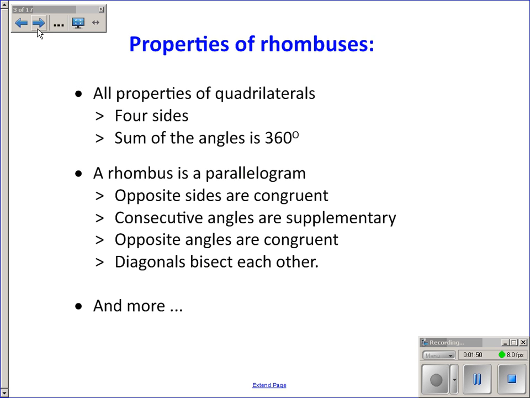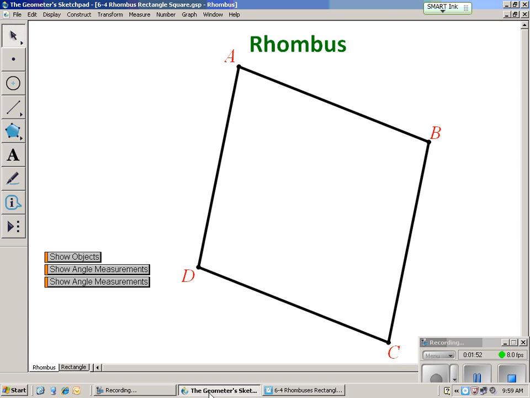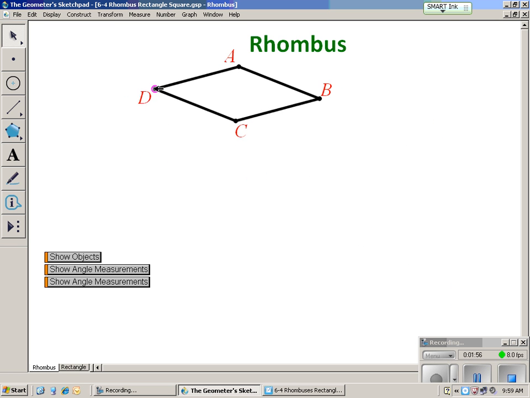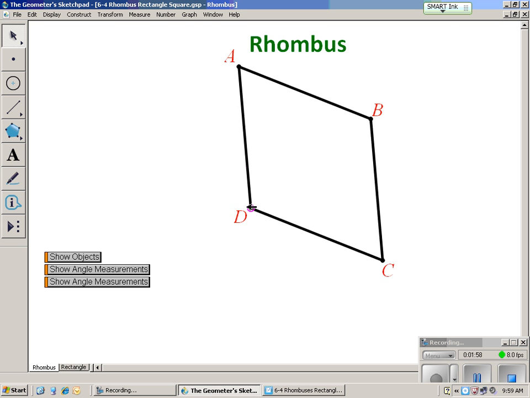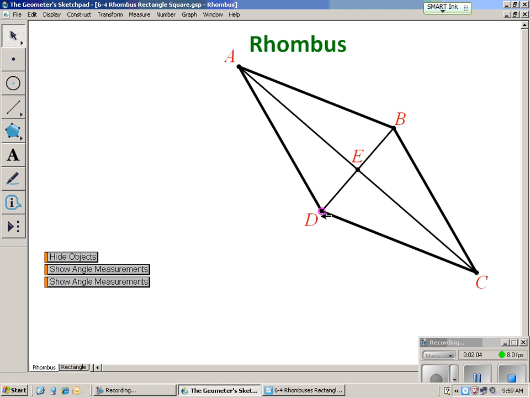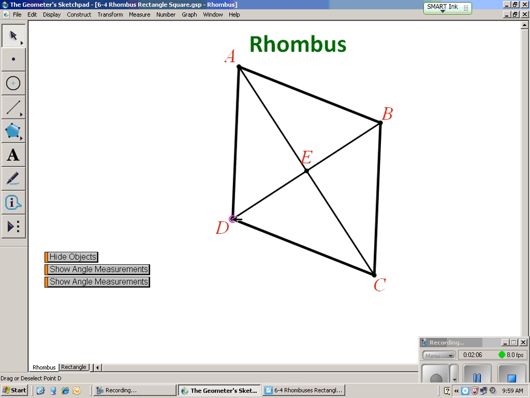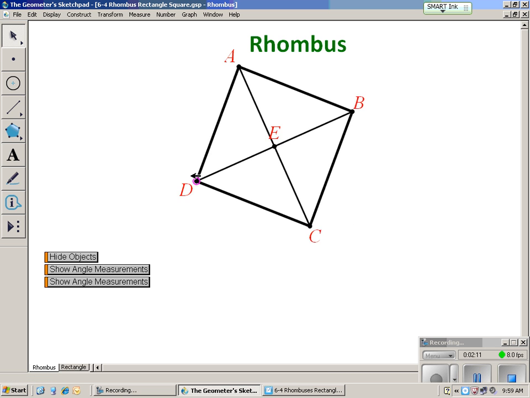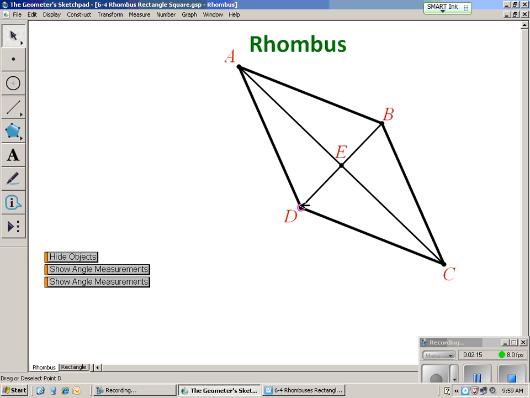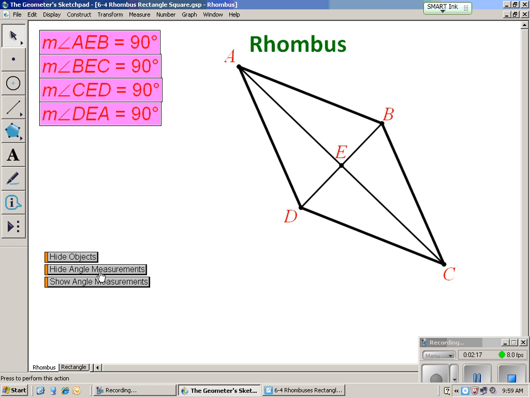The first one, I will demonstrate using a Geometry Sketchpad file. This is a rhombus. All the sides will be congruent. I'm going to draw in the diagonals, and they intersect at a point that I'll call E. There are several things about angles that I want you to know. The first thing you may notice is that the diagonals are always perpendicular.